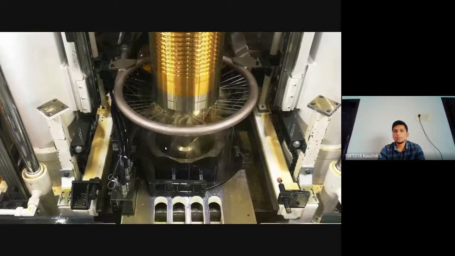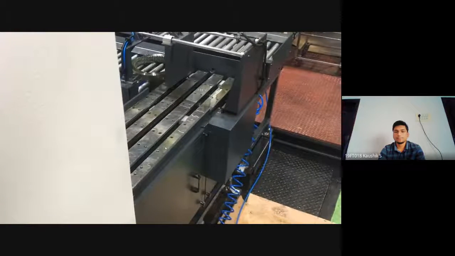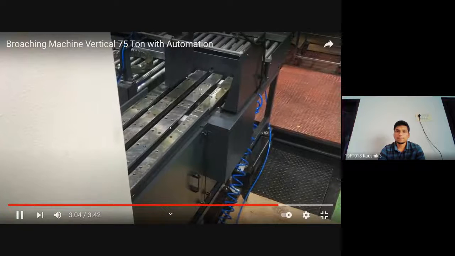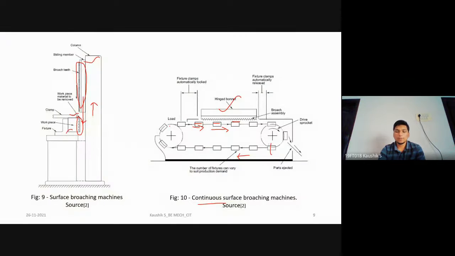And using this push broaching, the process continues again. So I hope you got a very good idea about this broaching technique.